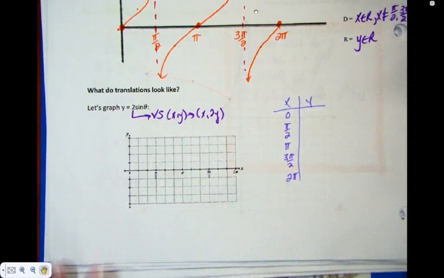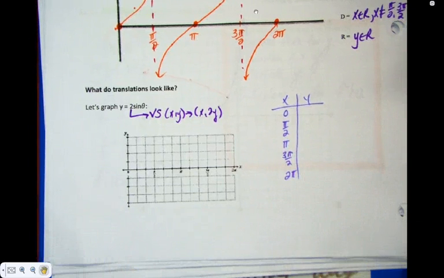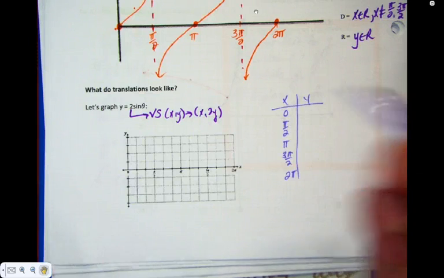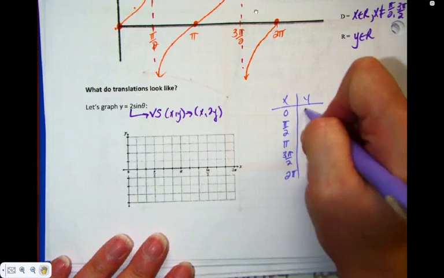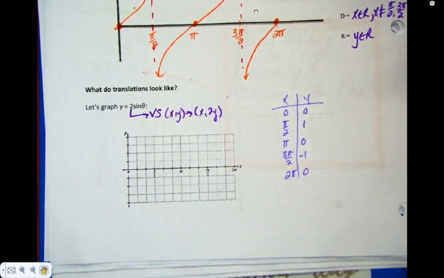And those numbers, again, are just a quarter of a circle, half of a circle, 3/4 of a circle, a full circle. Now, eventually, you're going to memorize the y values just like you did for x squared and x cubed and root of x. So they're always going to start with 0 for sine: 0, 1, 0, negative 1, 0.